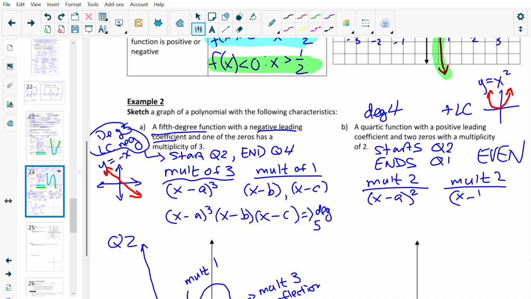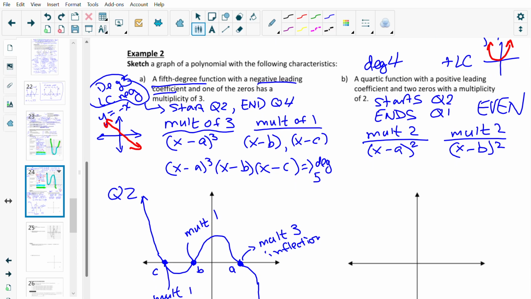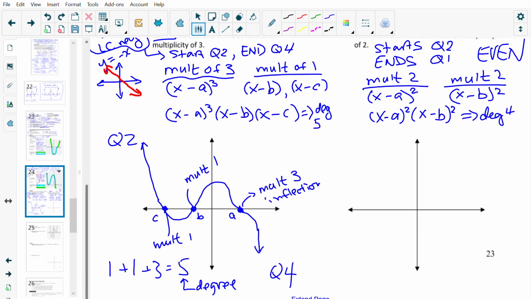And then the other one of multiplicity 2 is x minus b squared. Okay? So if I do a possible polynomial function in general form, it could be something like that. And this is a degree of 4.